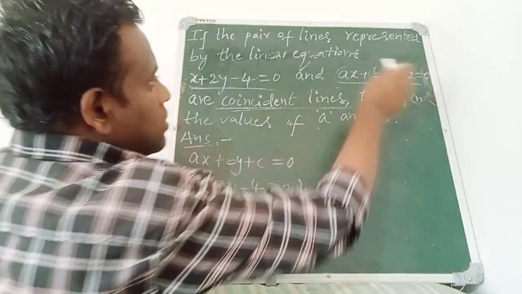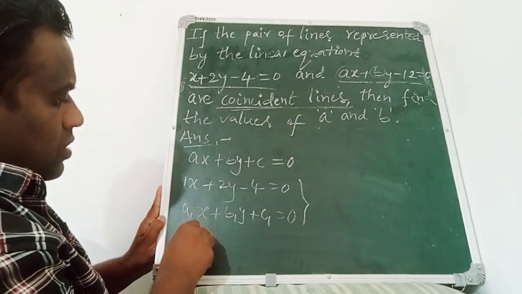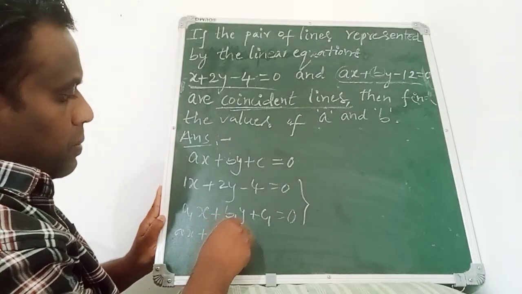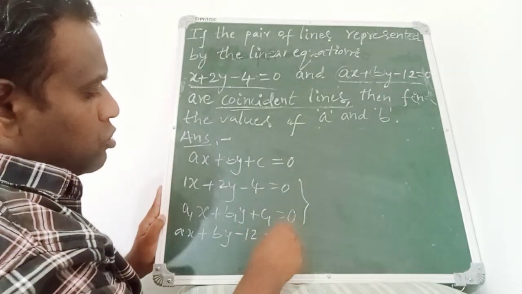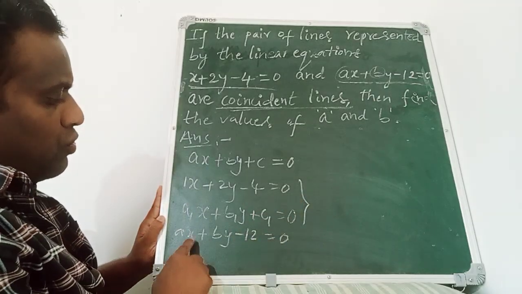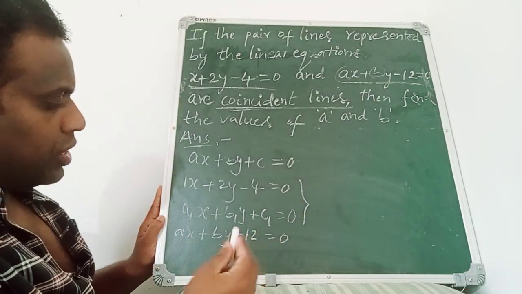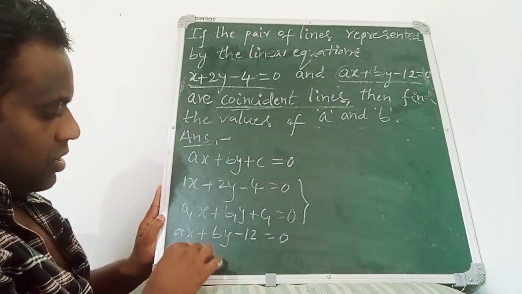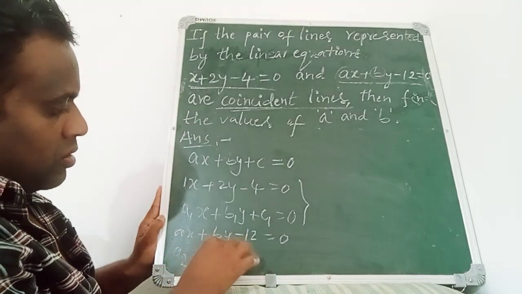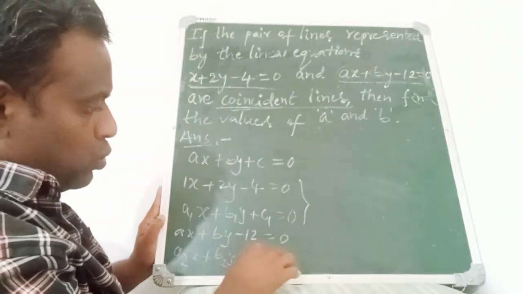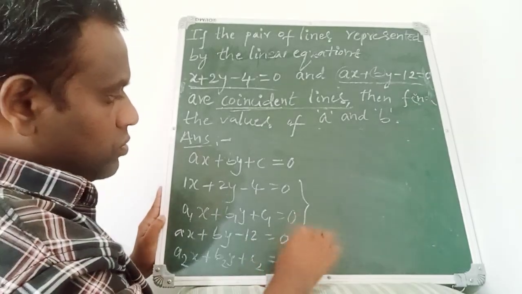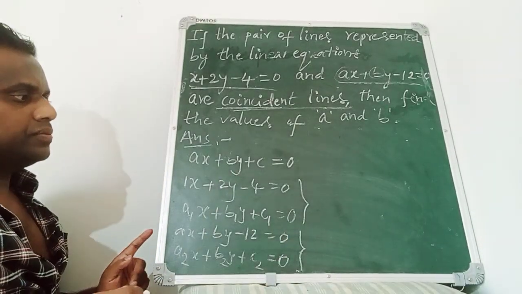Next I will take ax + by - 12 = 0. For this I will take a2, b2, c2 and write it like this: a2x + b2y + c2 = 0.